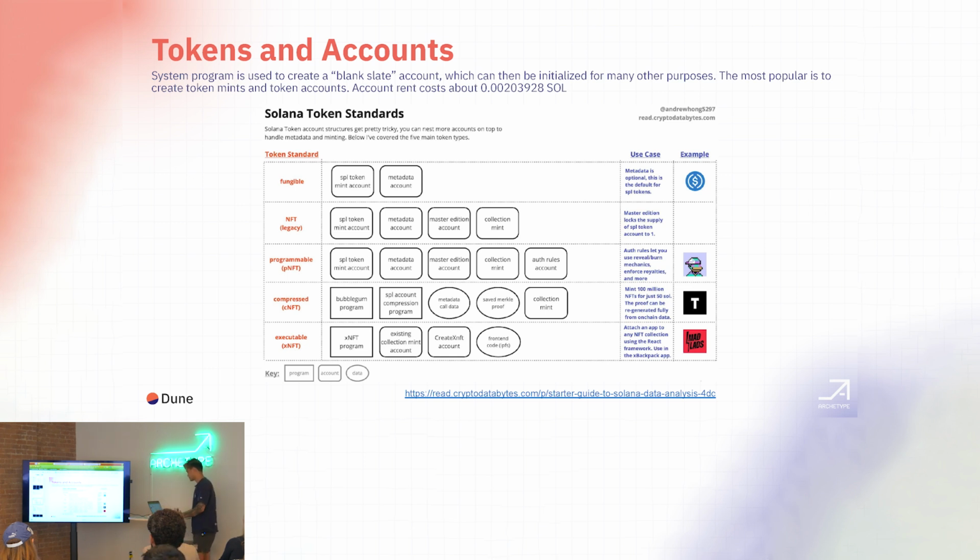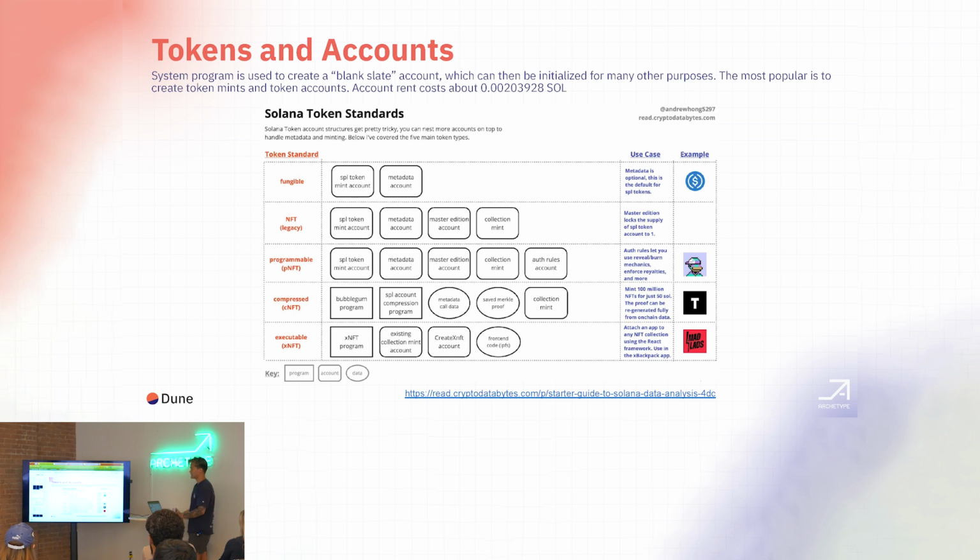The simplest example is USDC: there's a mint account that I create for it, and then you can have a metadata account, which stores the symbol, the URI, et cetera, about it. NFTs get really complex. You sometimes have 5 or 6 accounts just for creating a single NFT. And this does become expensive because accounts have rent.